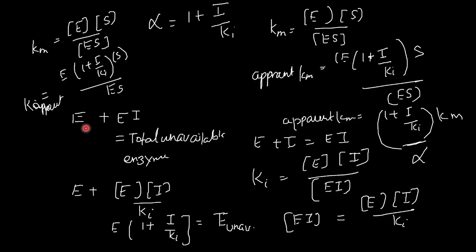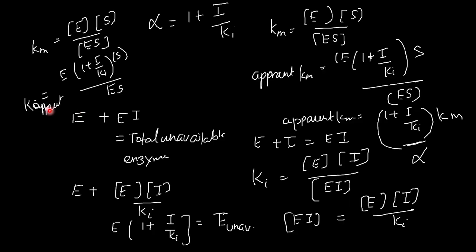So E plus EI is the total unavailable enzyme, and as you know, E plus I gives EI, so you can calculate Ki, which is E times I divided by EI. If you rearrange, you will get EI. Now you replace this value of EI here, so you will get E plus EI by Ki. So you will get E times 1 plus I by Ki, which is the total unavailable enzyme.